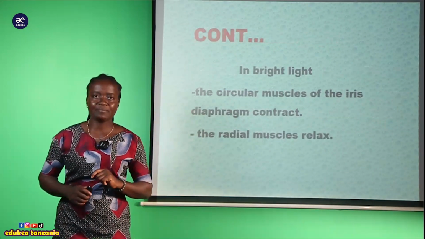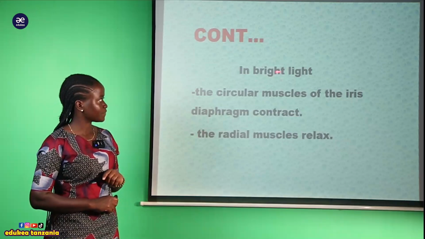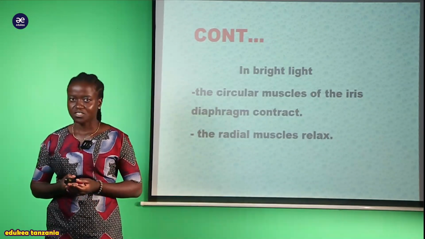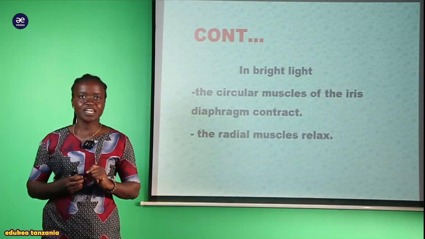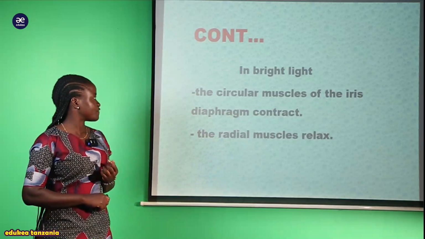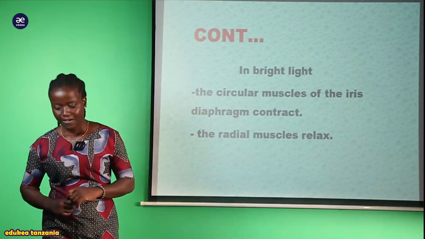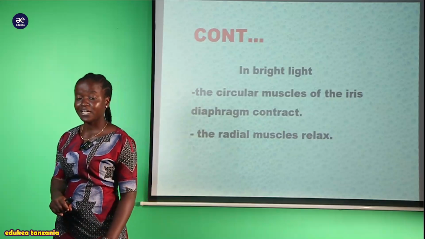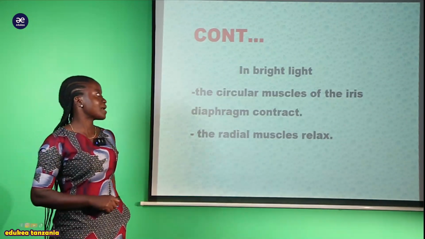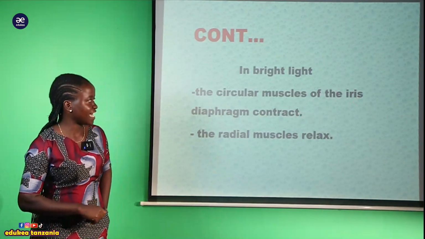During bright light, what kind of changes occur? The first change is that the circular muscles of the iris diaphragm contract. Within the eye we have circular muscles found within the iris.